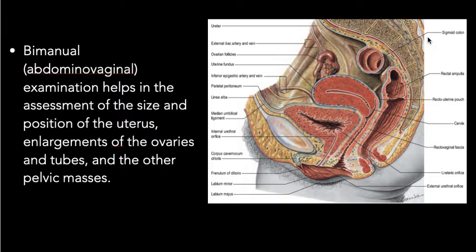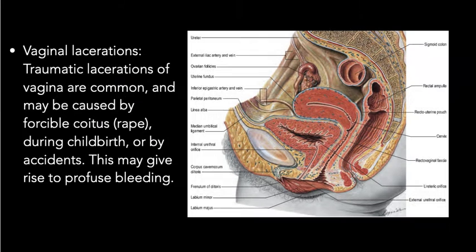The bimanual examination helps in the assessment of the size and the position of the uterus, enlargement of the ovaries or the tubes, and the other pelvic masses.